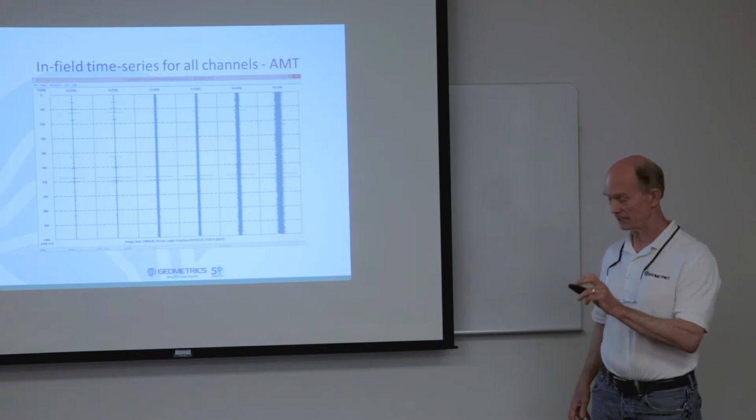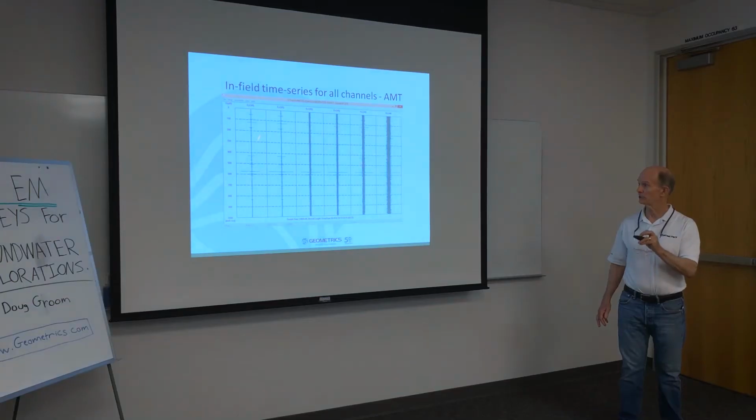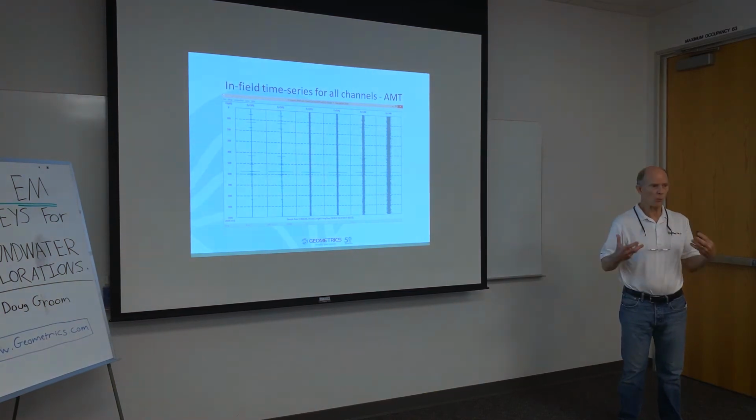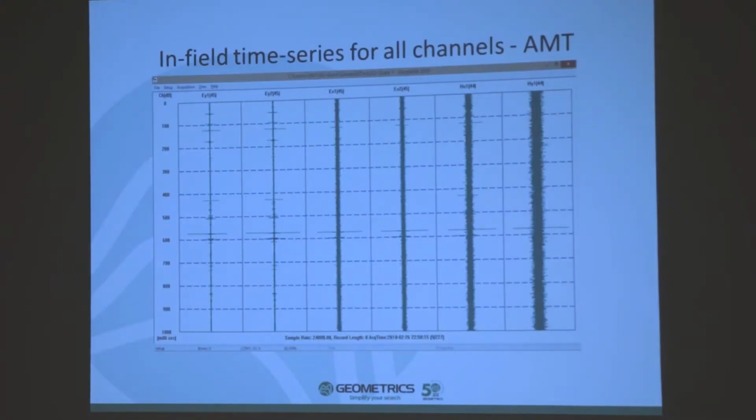And as the data is being collected, we can see the 6 electric channels, the 2 magnetic channels, which is the setup in this case. And the thing that is causing these signals are lightning strikes in the atmosphere. And these lightning strikes can be very distant.